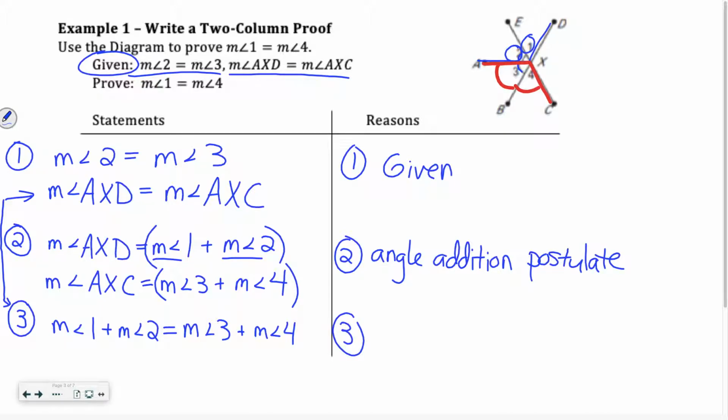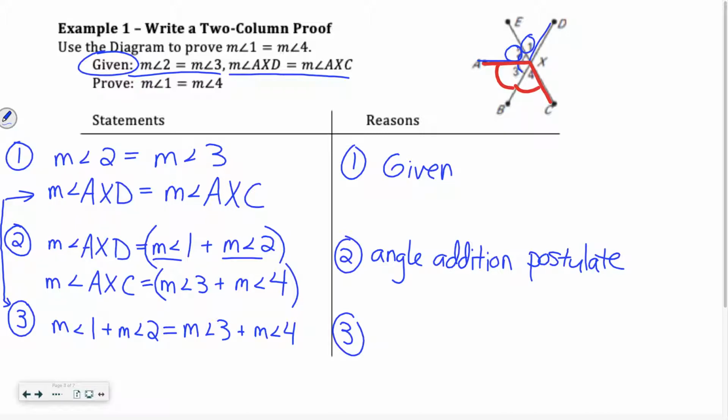So take a second and write that down. Down in step 3, we took what we were given in step 1, angle AXD is equal to angle AXC. In step 2, we talked about how AXD equals angle 1 plus angle 2, so we replaced that with AXD.